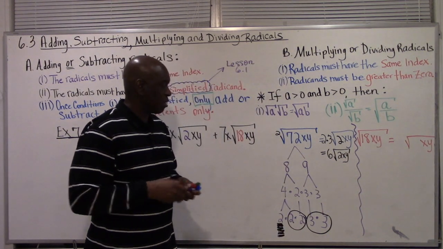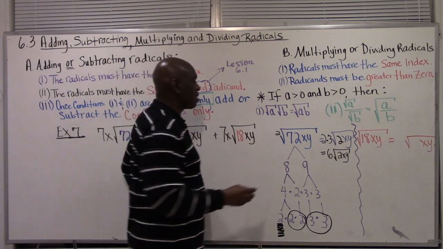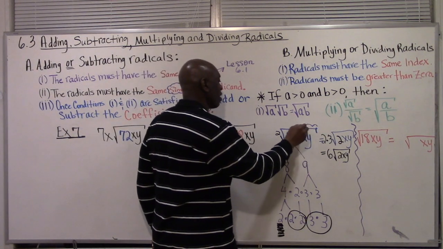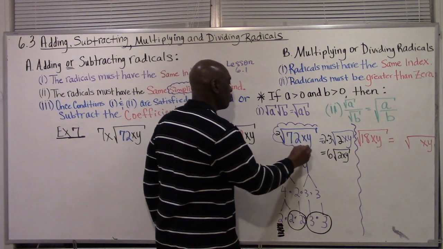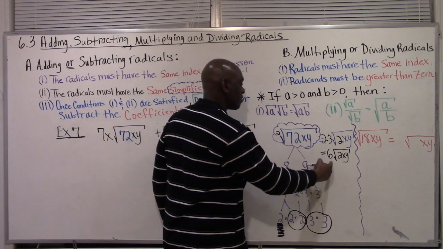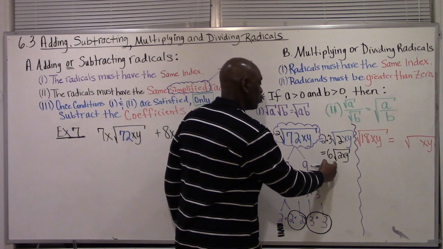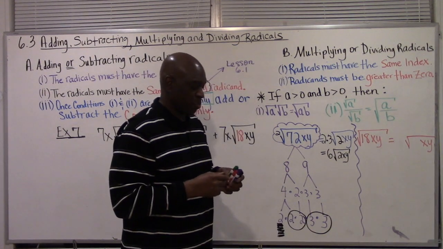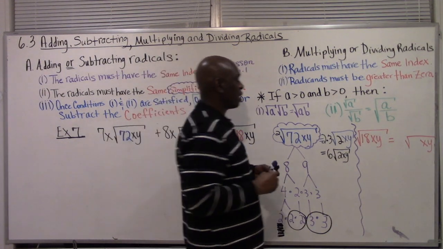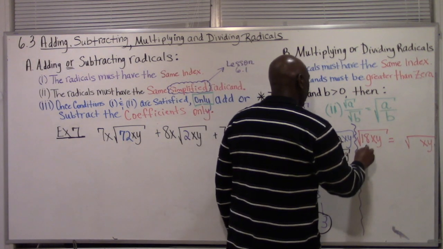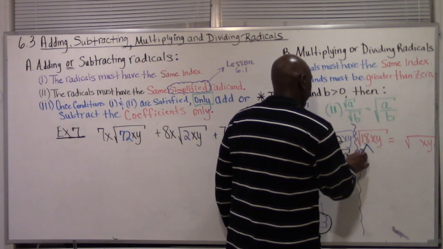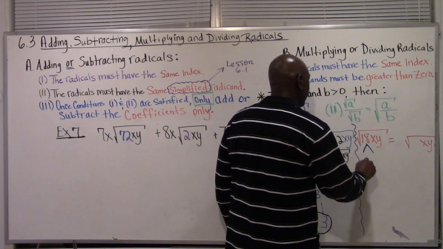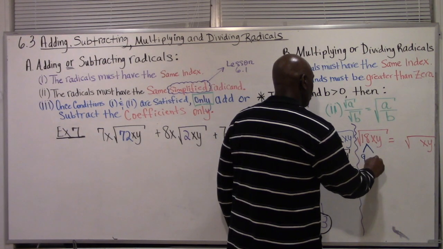Okay, that one's done. That means that I can rewrite the square root of 72xy as 6 times root 2xy. Let's go over to 18. Let's break 18 down. Here we go. All right, what's 18? 18 is 9 times 2.